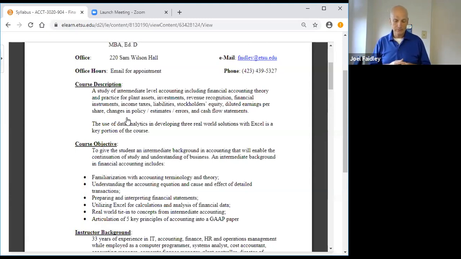The objectives for the course, I've also got the objectives listed there in the news section of D2L. I would encourage you to log into D2L on a regular basis to find out what's been posted. I will email as well, but make sure you log in on a daily basis and check D2L for news. You should be doing that anyway as you go through these assignments and watch the videos, because the links are here.